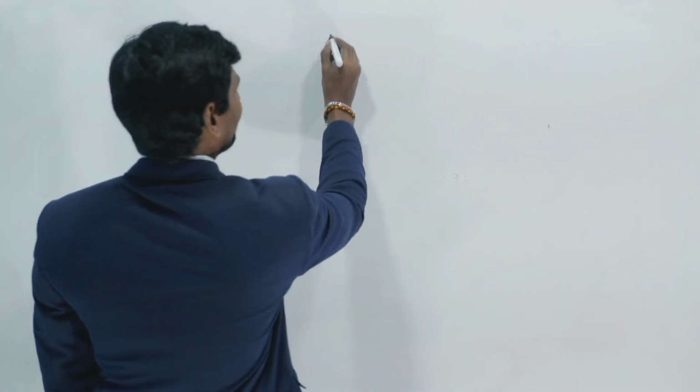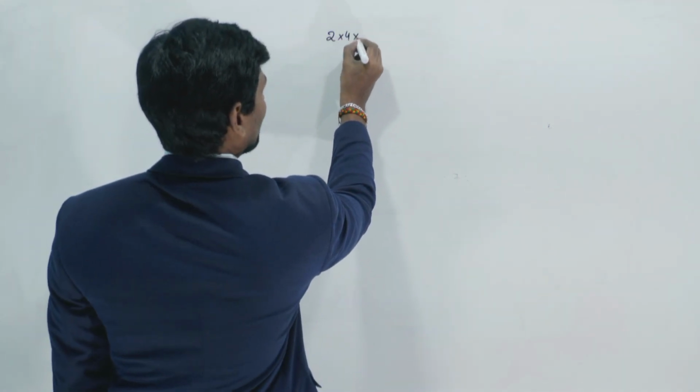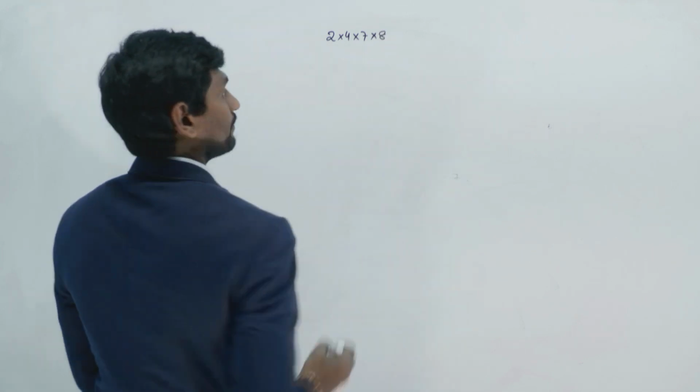The next problem is: the product of 2 into 4 into 7 into 8 is given. The unit digit has to be minimum, and any one of the factors can be increased by 1.